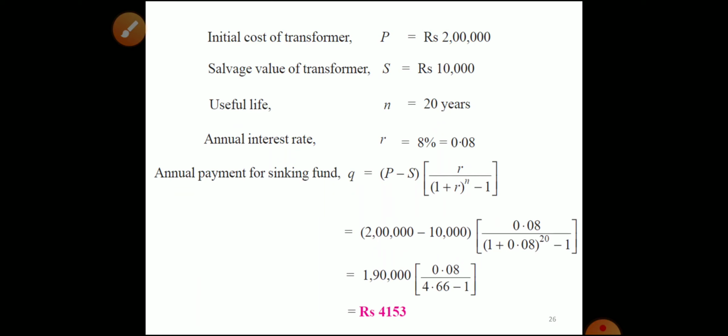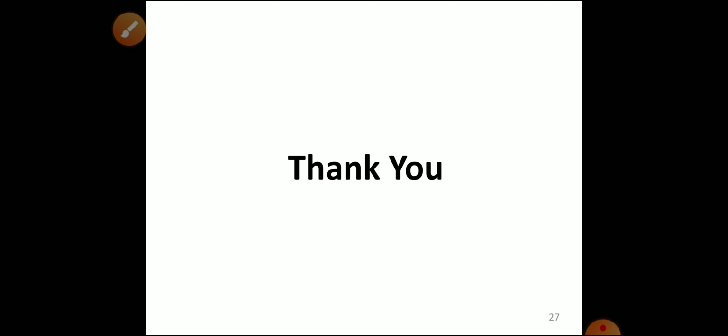So this much is the amount we have to keep aside per year, so that we can accumulate rupees 2 lakh at the end of the 20 years, by collecting the 10,000 as the scrap value of the transformer. Okay, thank you.